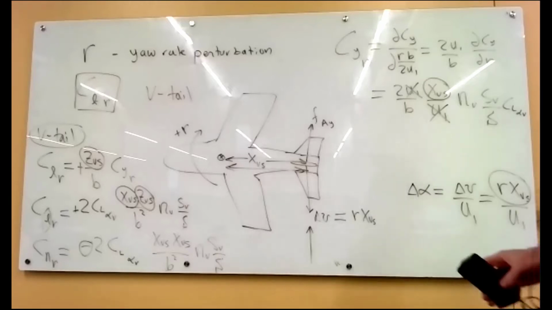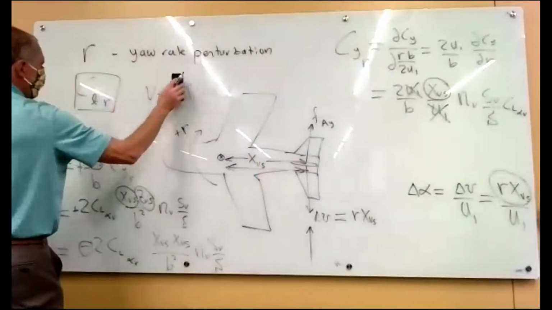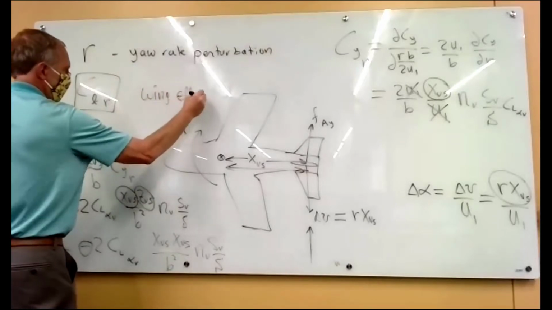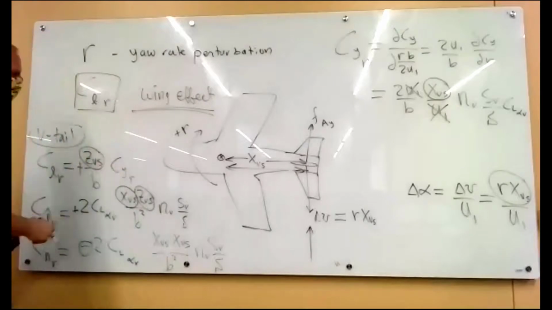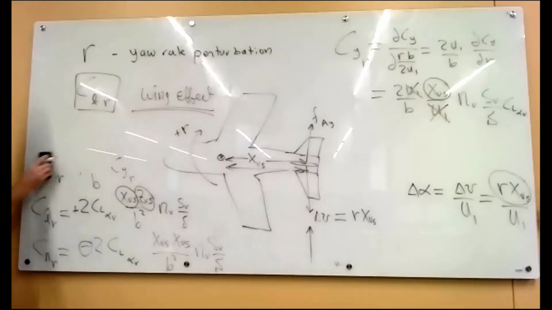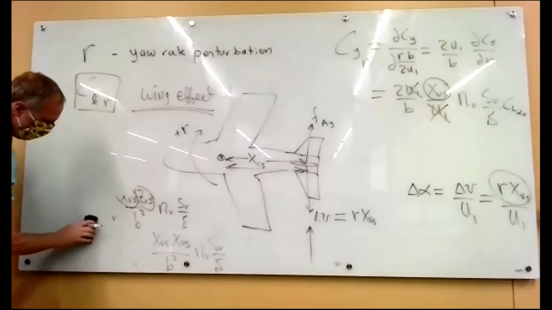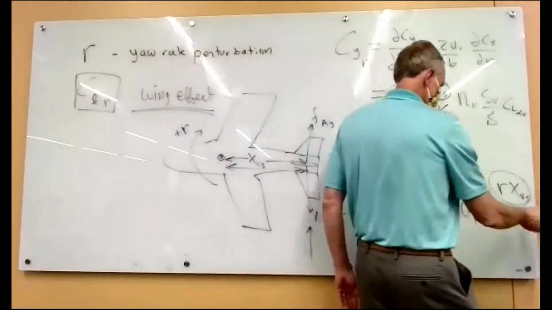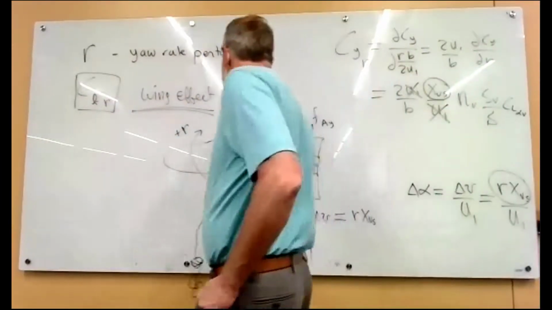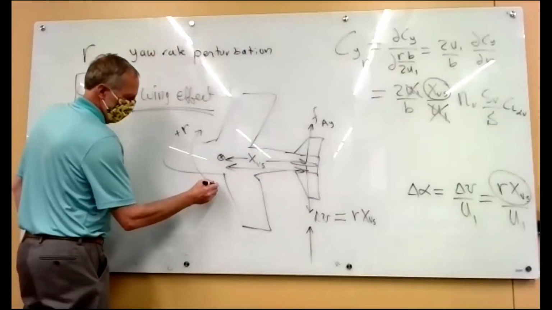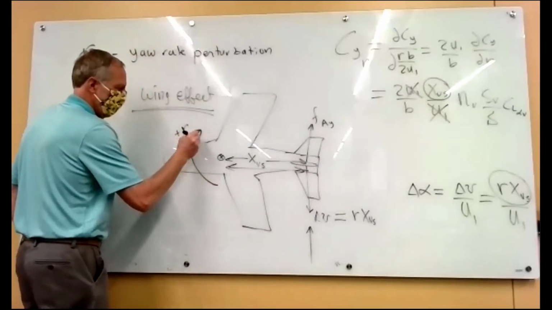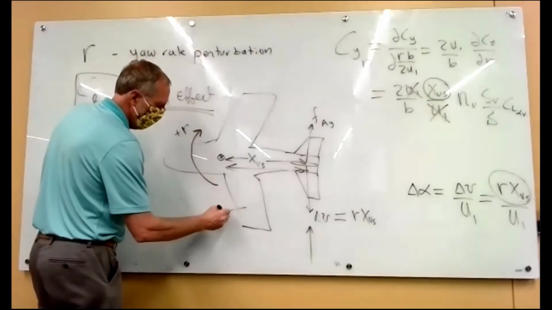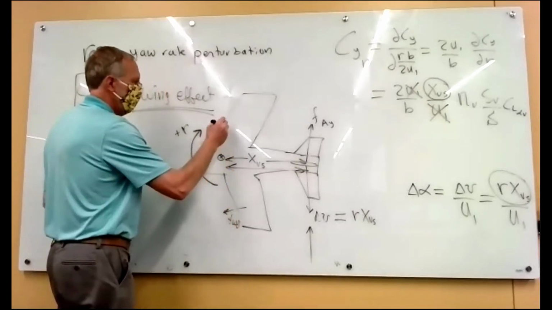Okay, so now we're going to look at the wing effect. How does the yaw rate affect the wing? So we're going to use this picture again. Here's our yaw rate. So that means that this wing is moving forward relative to this wing.